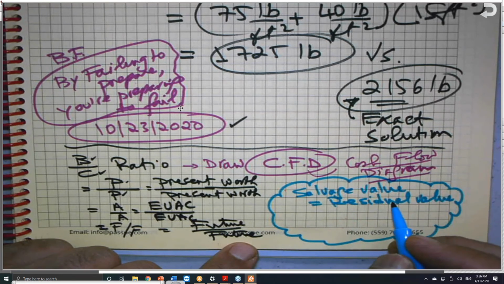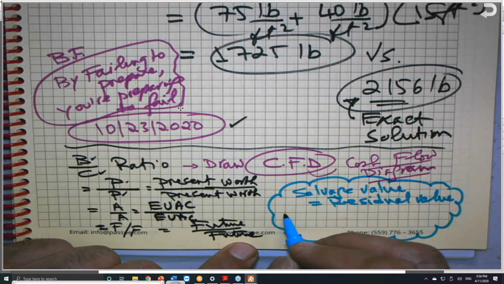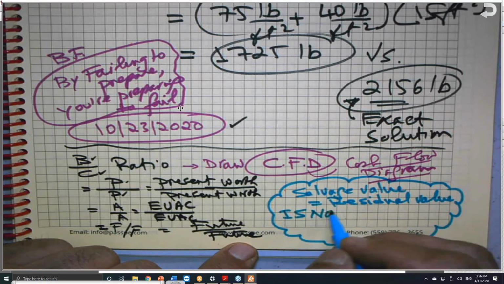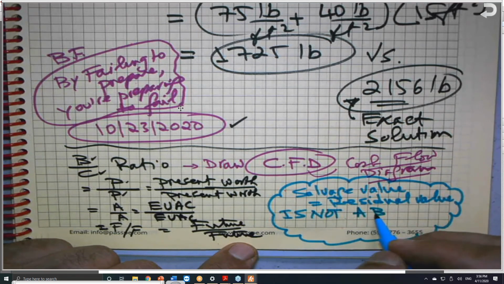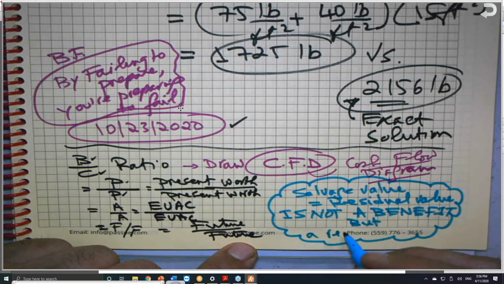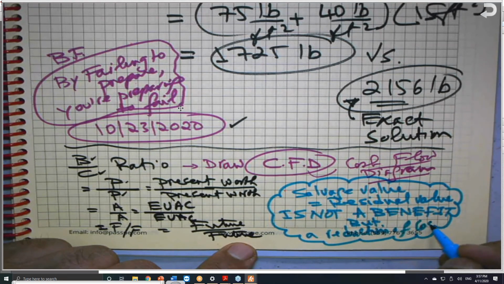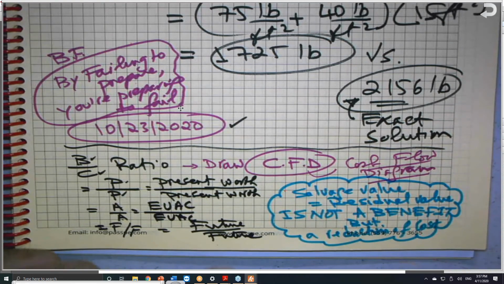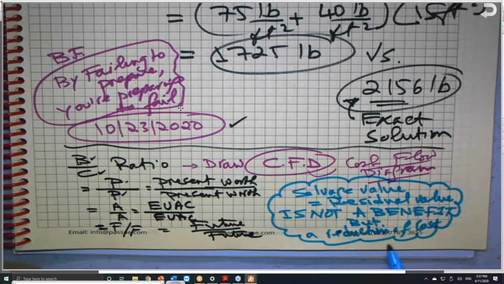Salvage value or residual value is not a benefit, but a reduction of cost. Something very, very important. And all this is written in my books. Every statement I write here today, all my books have these things somewhere. I can show it to you.